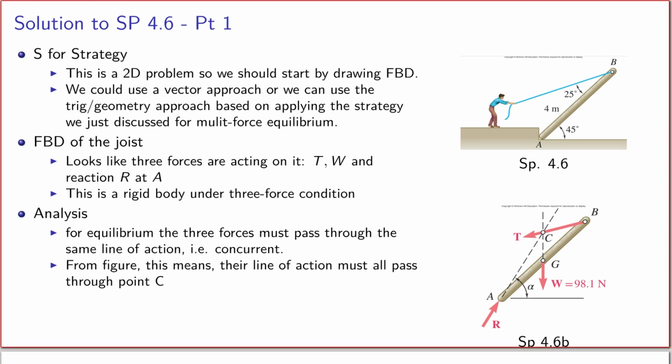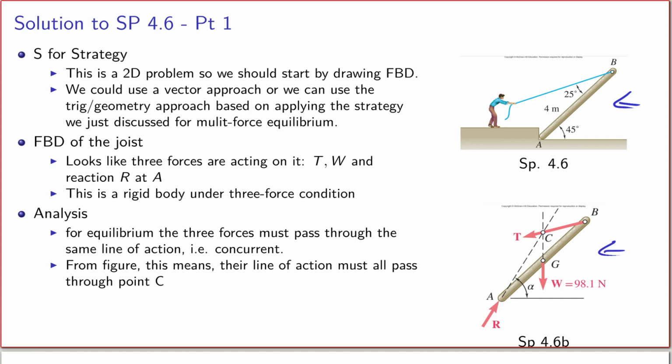Since we want to find the condition for equilibrium, and we have a 3-force condition, we know that the lines of action of the 3 forces should meet at a specific point, right? As we noted in the previous section for equilibrium for a 3-force condition.